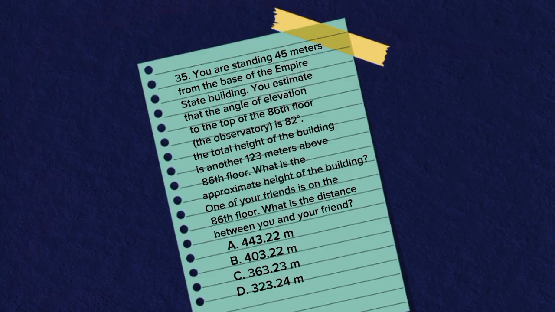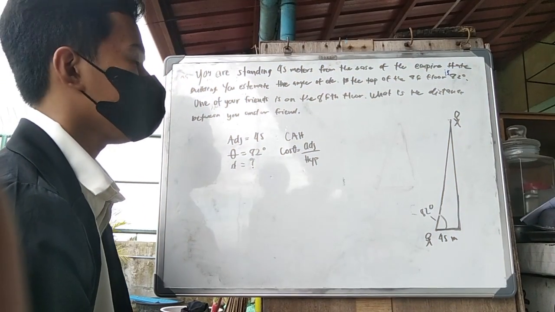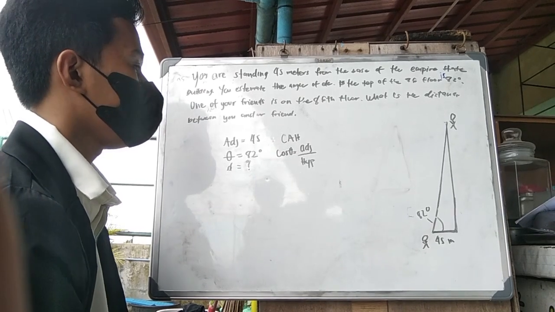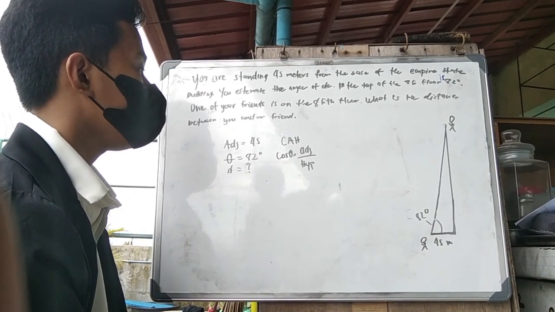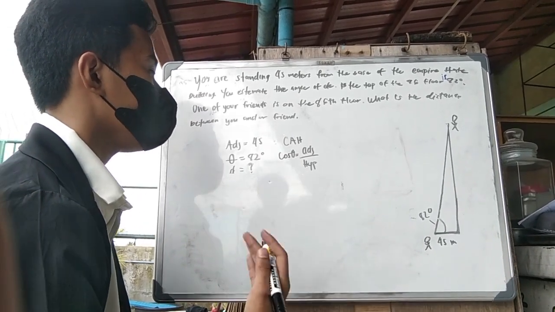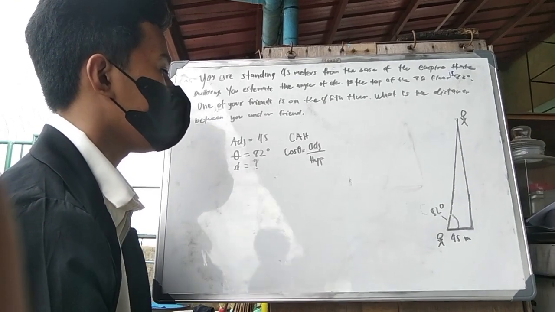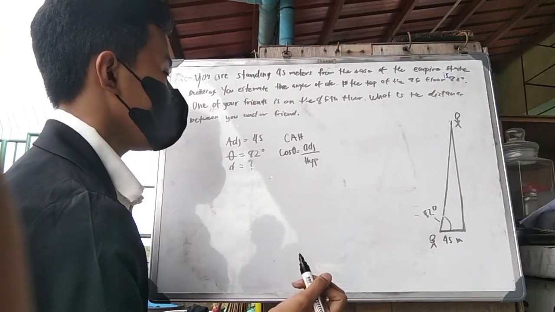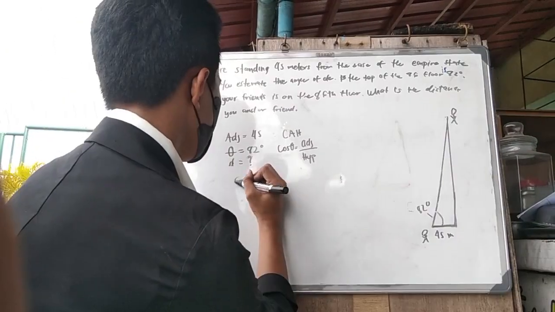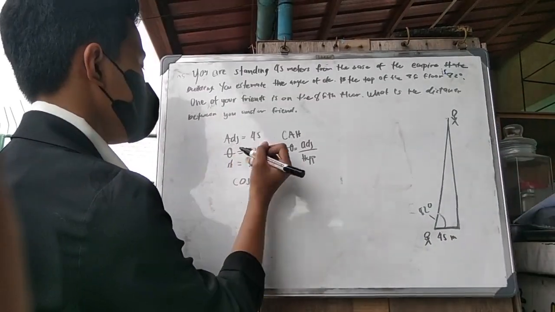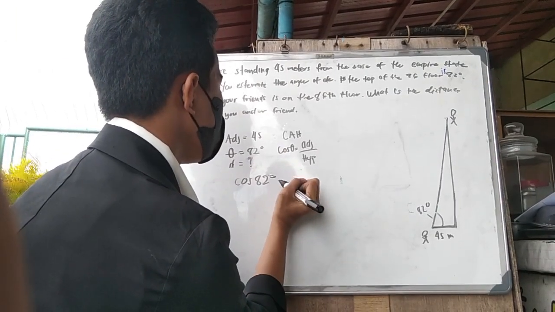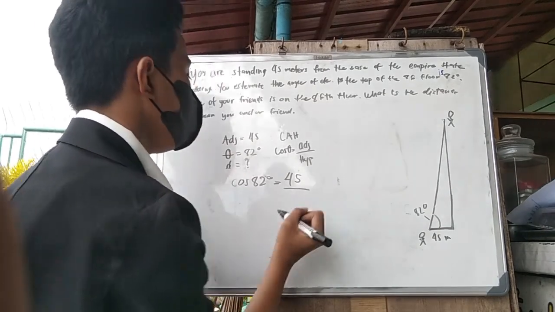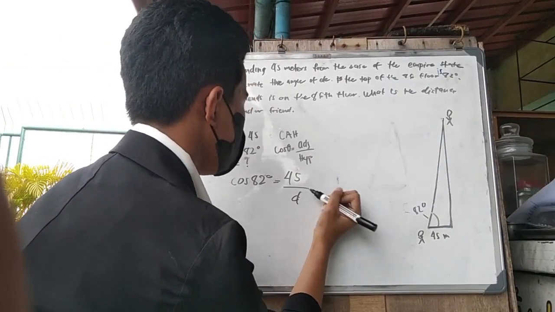So in this problem, we need to find the distance between you and your friend. The formula we need to use is cosine theta equals adjacent over hypotenuse. Next is to substitute all the given. Cosine of theta, which is 82 degrees, equals the adjacent, which is 45, over the hypotenuse, which is missing, or the distance.